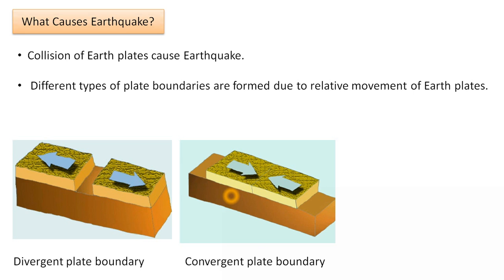So this type of plate boundary is a destructive one, because it can cause a lot of destruction. But the divergent plate boundary is a constructive one, because it results in the formation of an ocean basin, whereas in this case it leads to the destruction of an ocean basin.